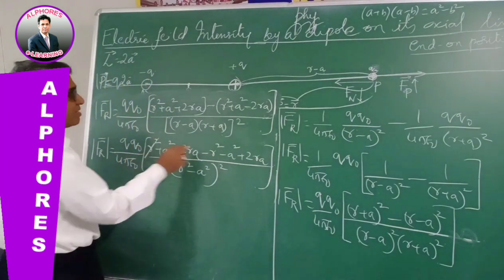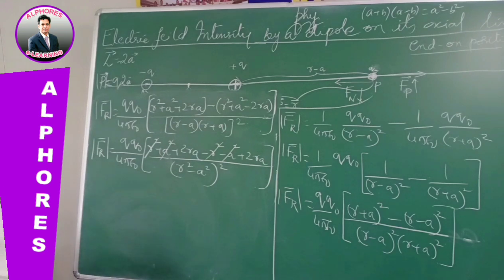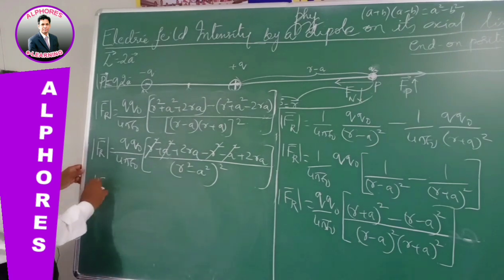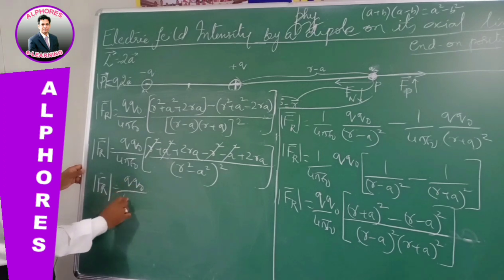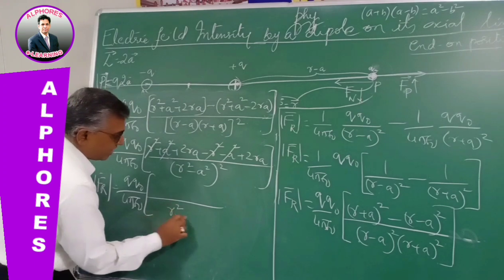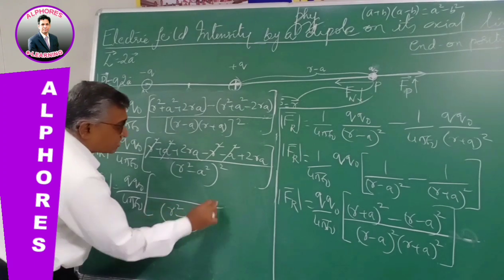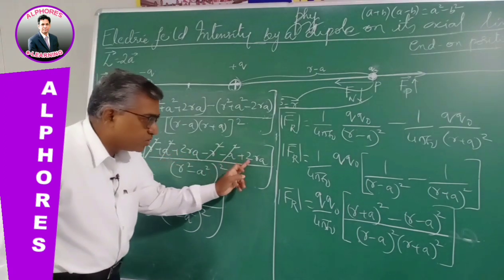So plus r square minus r square plus a square minus a square cancel. So I can write it as the resultant force on the test charge q naught by 4 pi epsilon naught is denominator r square minus a square whole square, and the numerator is 2ra plus 2ra.